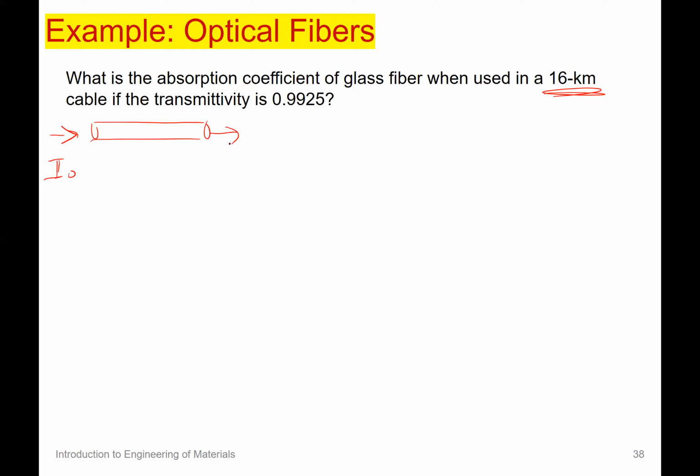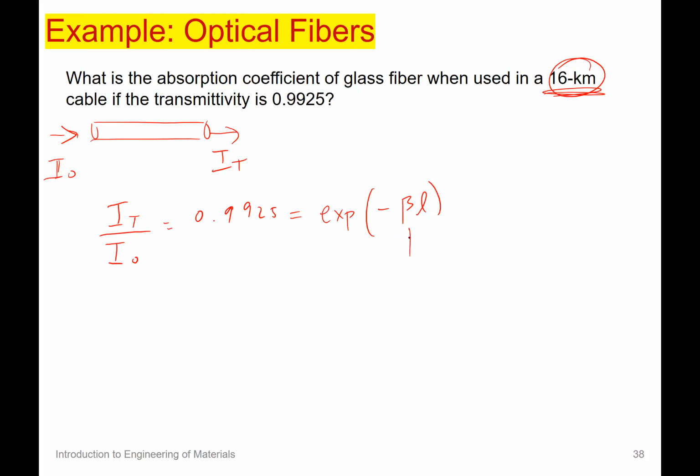You're asking yourself, how efficient is it? Your transmitted signal is 0.9925 of that, right? So what we're saying is the transmitted divided by the incident is 0.9925, and we want to know what the absorption coefficient is for this glass fiber in this type of cable over 16 kilometers.